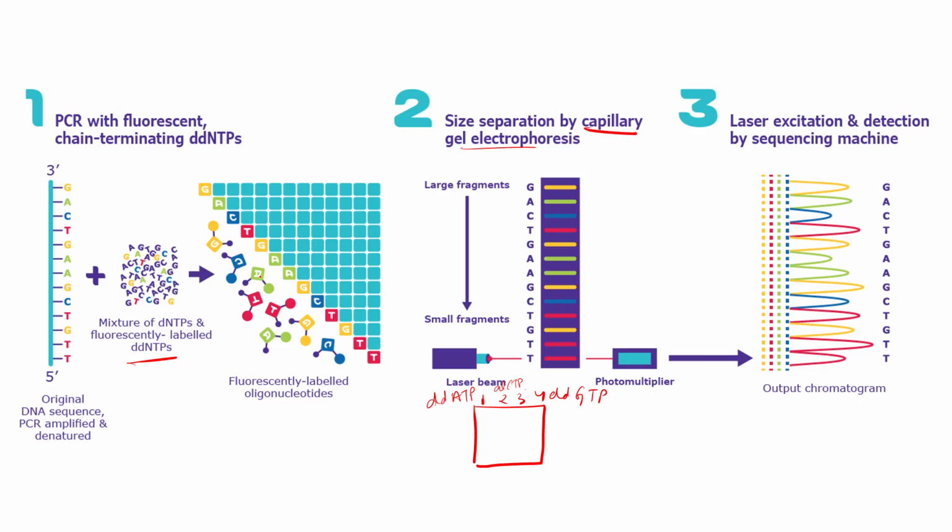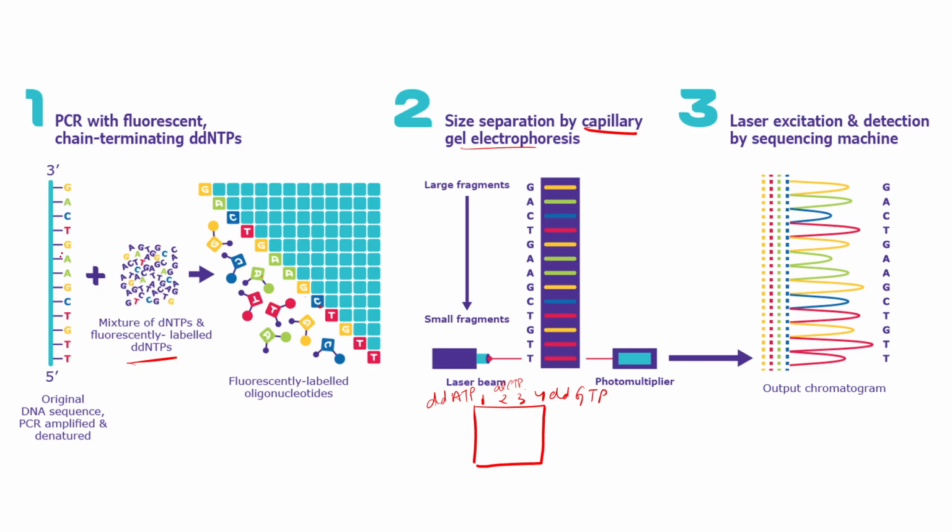So A here has green color, then C has blue color, G has yellow color, and T has red color. All these have different colored fluorescence, and based on the fluorescence that is detected, we can actually see what the sequence of our DNA is.